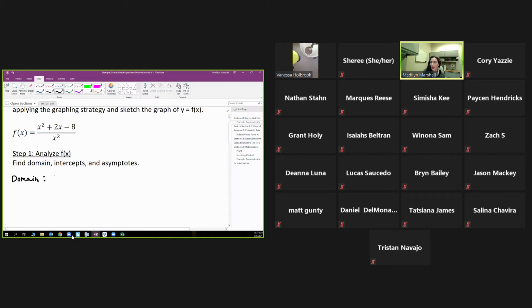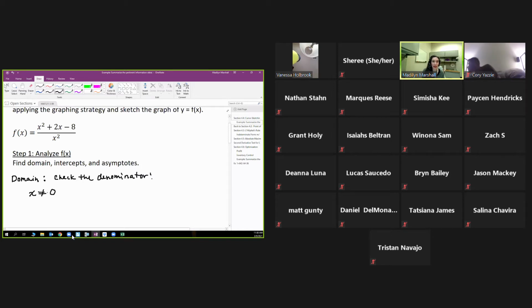So for looking at the domain, this is a rational function. So if we have a denominator, we need to check to see if it's possible for that denominator to be 0. So we have to check the denominator. For this denominator, we have x squared in the denominator, which means that x cannot equal 0.